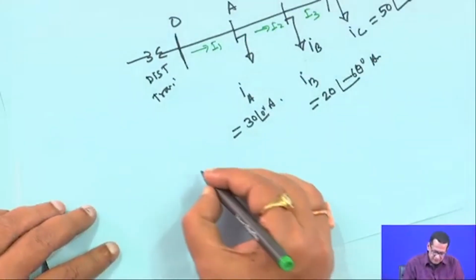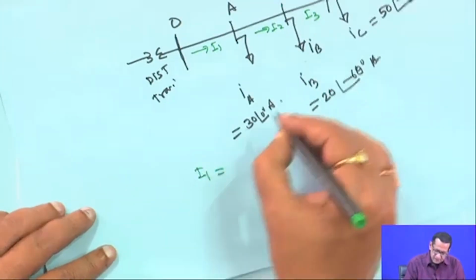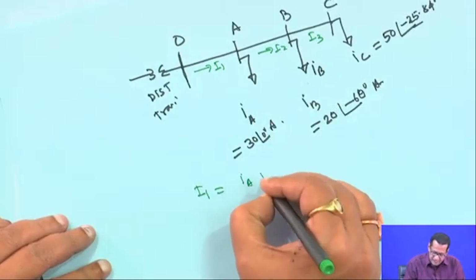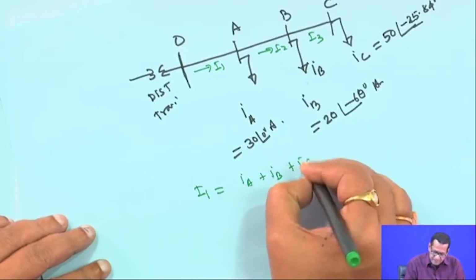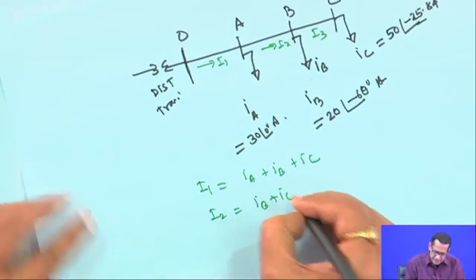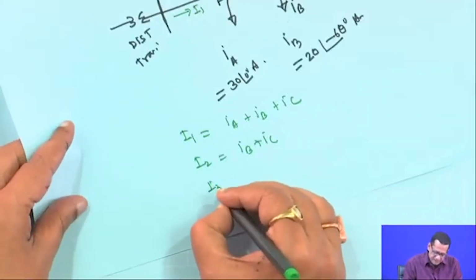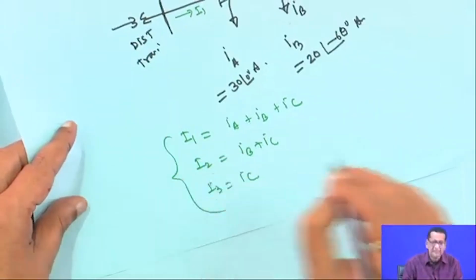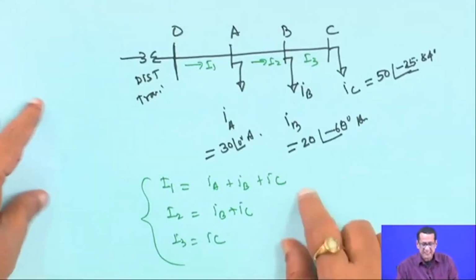That means, as we have just seen, I1 is equal to IA plus IB plus IC, I2 is equal to IB plus IC and I3 is equal to IC. So, this is the thing actually.